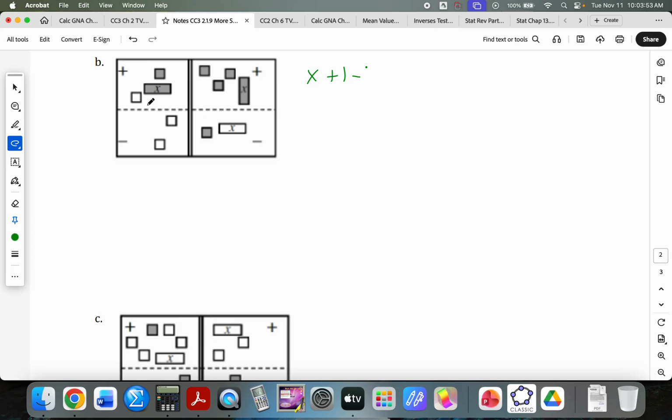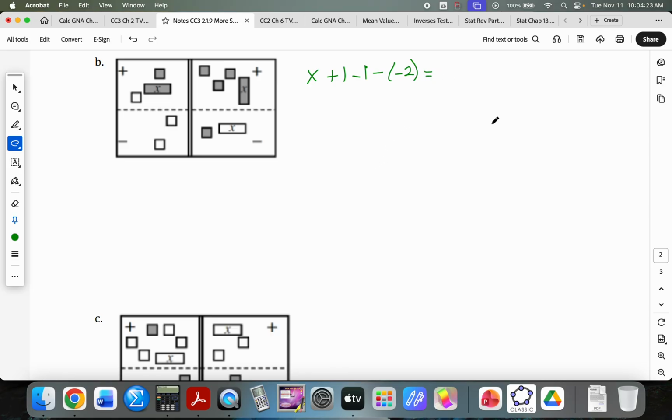You're trying to do too many things. I'm just trying to write down exactly what's here. So is it minus negative 1 or is it just minus 1? Minus 1. There we go. And then minus 2, and are these positives or negatives? They're negatives. So it's minus negative 2. That makes sense? Yeah. Okay.